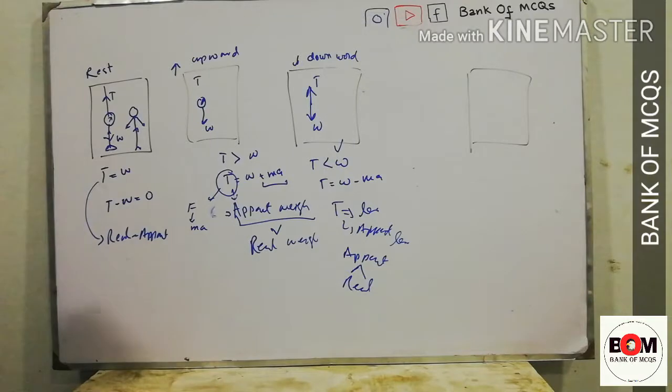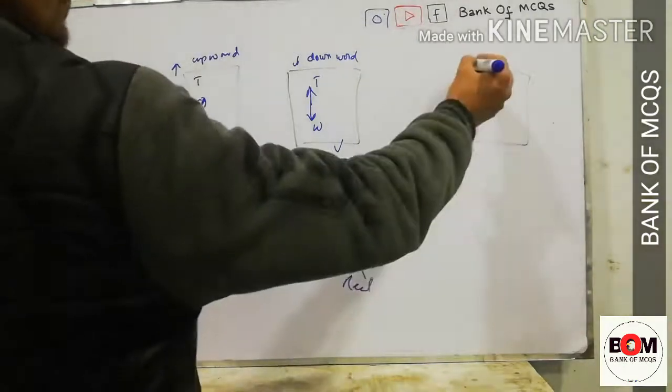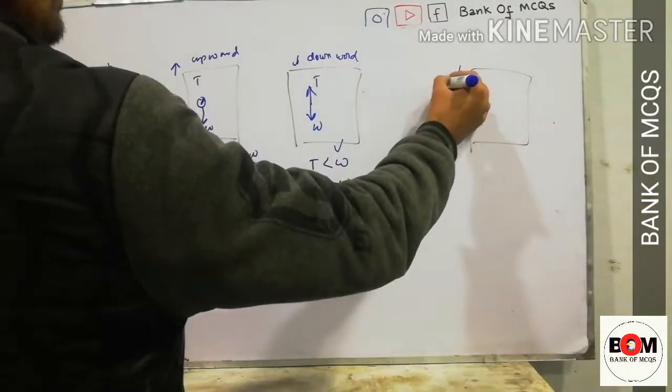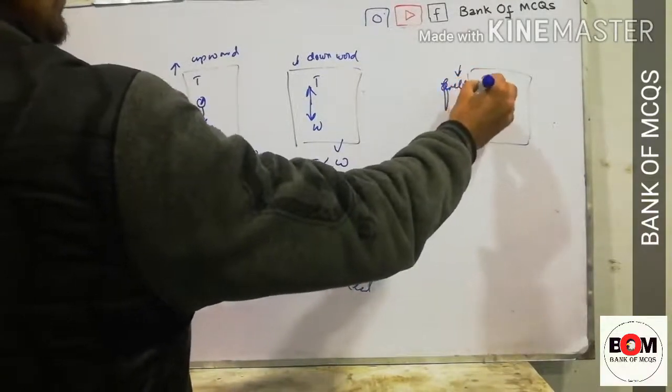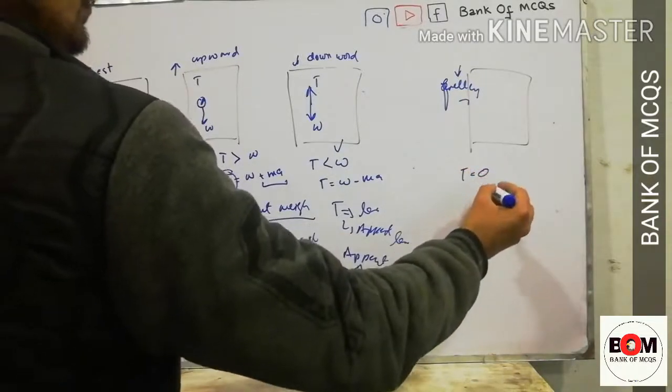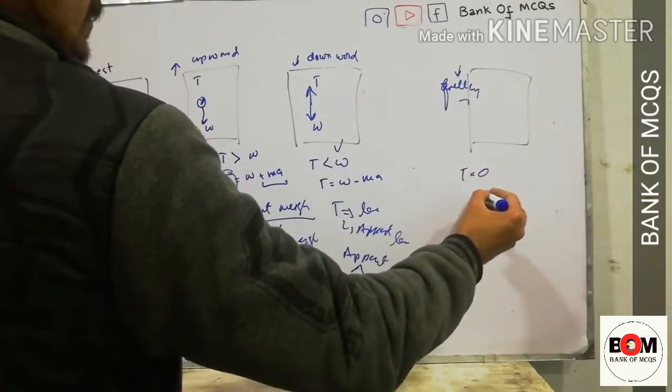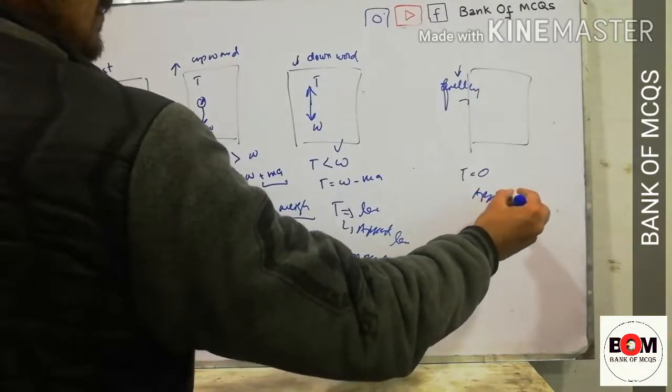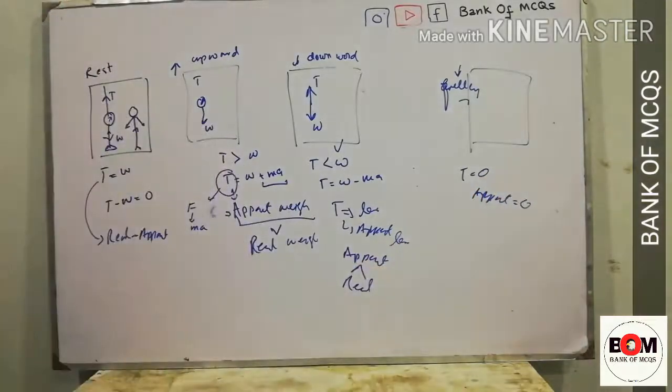But in the special case, if the lift is moving downward freely, T will be equal to 0 and we will get the apparent weight equal to 0. For this topic, it is so easy.